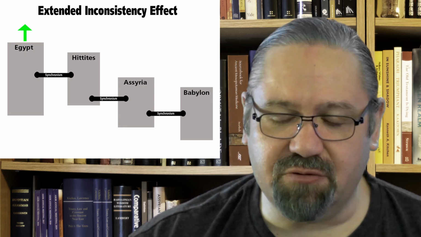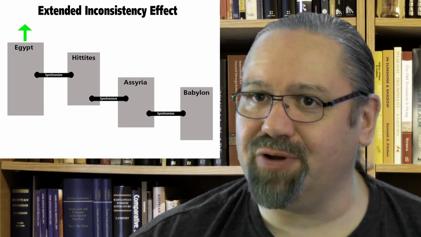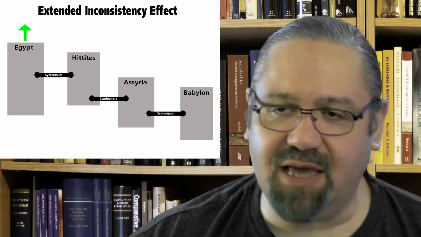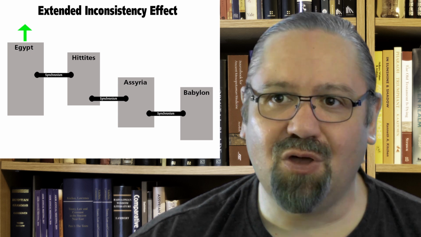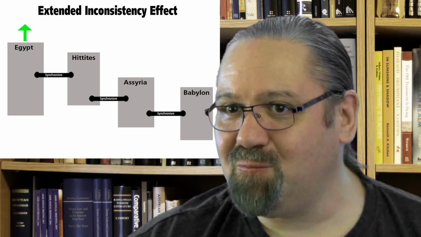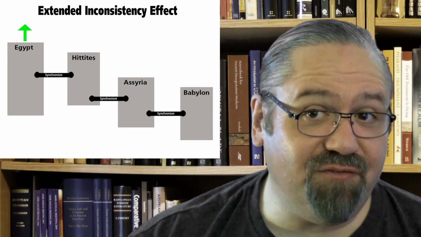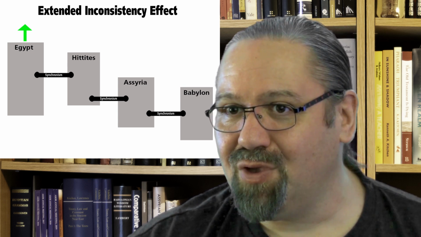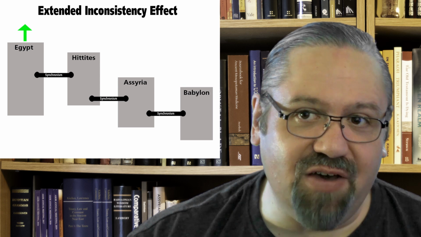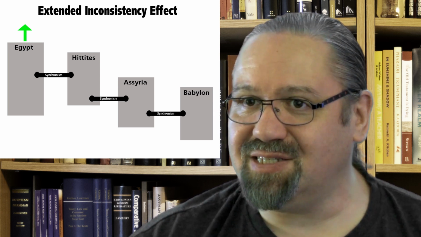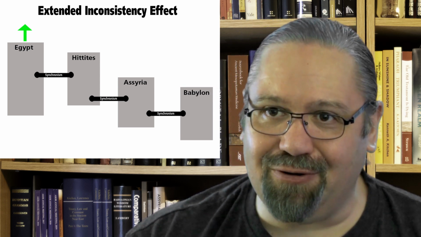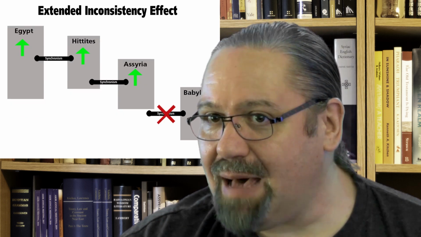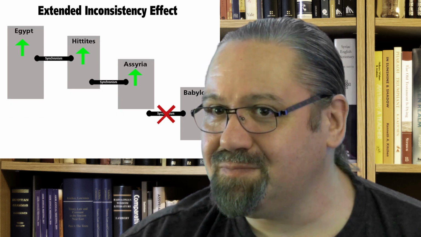But then the synchronism also has to agree with what happens in, say, the Hittite Empire or Assyria. That can affect the dating that happens in Assyria, which then affects or creates an inconsistency with another king list down the road, perhaps Babylon or Mari.